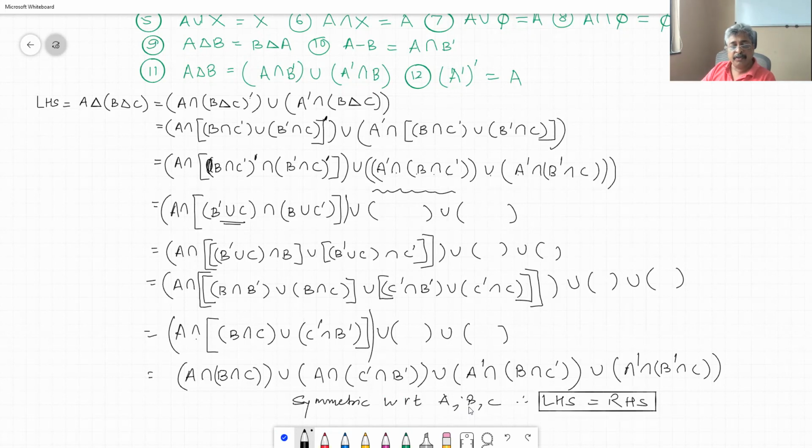And now, if you are not happy with this symmetric with ABC, you might as well expand the RHS and get this same identity. Therefore, it is associative. Symmetric difference is associative. Maybe write down.